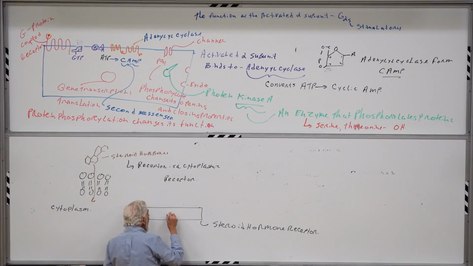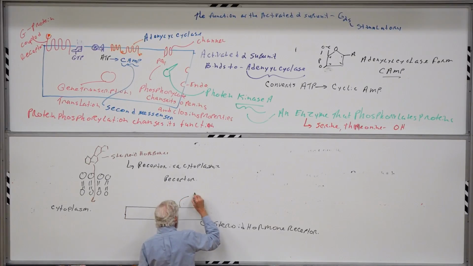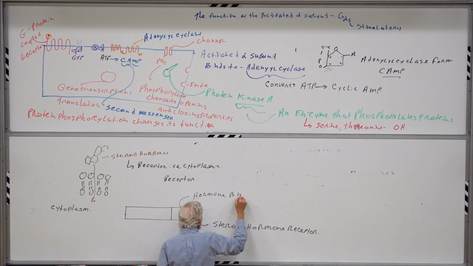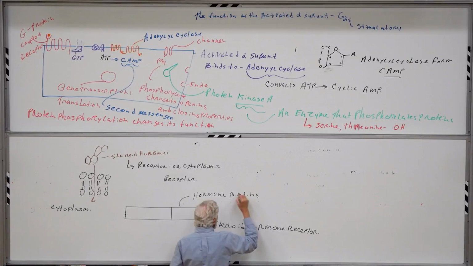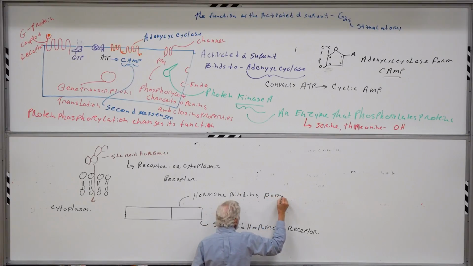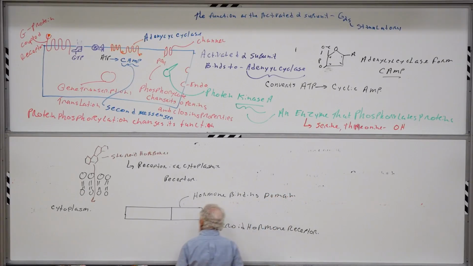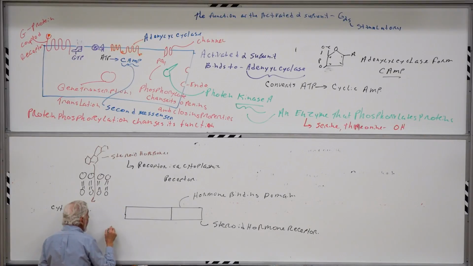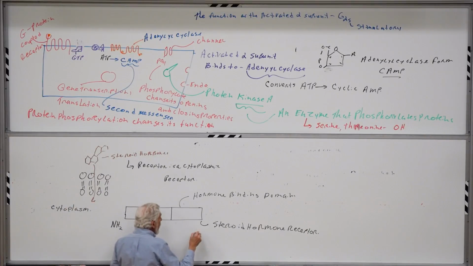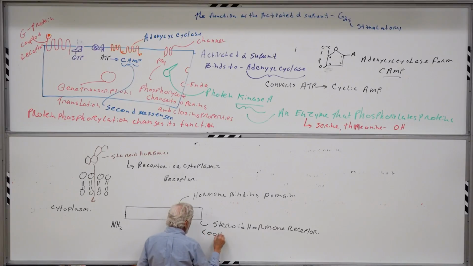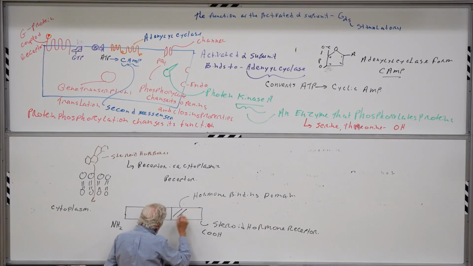And we're going to say that out here, at this end of the molecule, is the hormone binding domain. Turns out that these molecules are pretty linear, such that this is the amino terminus and this is the carboxy terminus. But this region in here in black, that's where the hormone will bind.